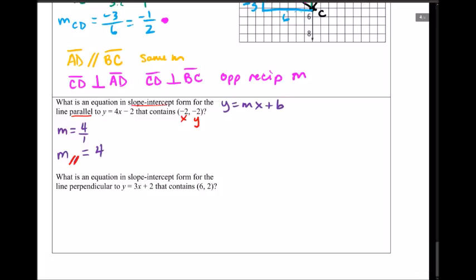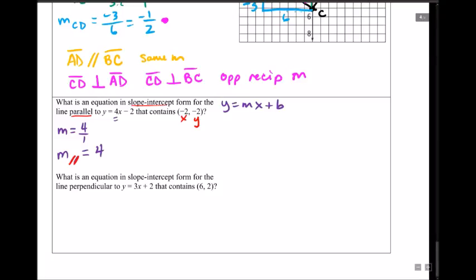We need a y-intercept. We know that any line that is parallel to this line has a slope of 4. So y equals 4x, and then any b that we put in there will work. We want a specific y-intercept. This line we want specifically to be parallel and pass through this point.